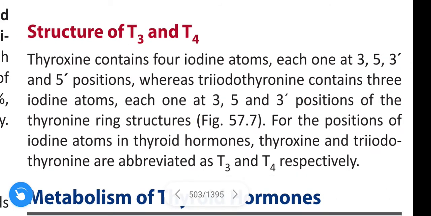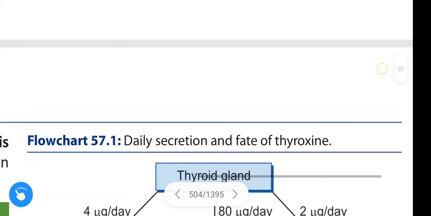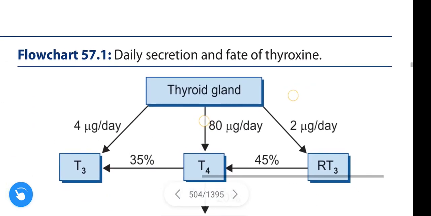See it once again. Thyroxine contains 4 iodine atoms, each one at the third position, fifth position, 3' position and 5' position.